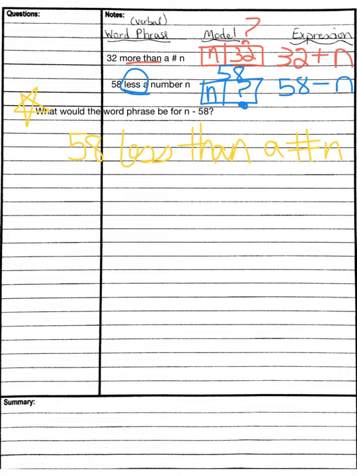And we have to be very careful because we know that they're not the same thing. We know that 58 take away n and n take away 58 do not mean the same thing. We do not get the same answer if we try to put a number in for n. So we have to be really careful on when we have just less a number versus when we have less than a number. Those can be tricky.